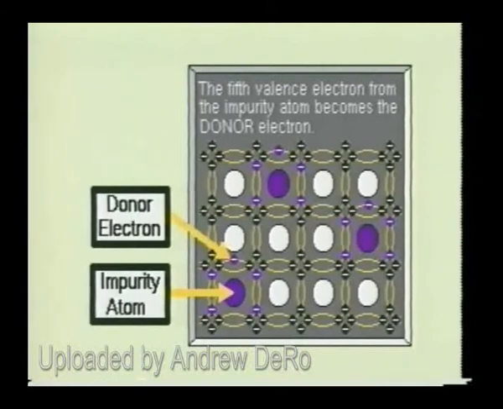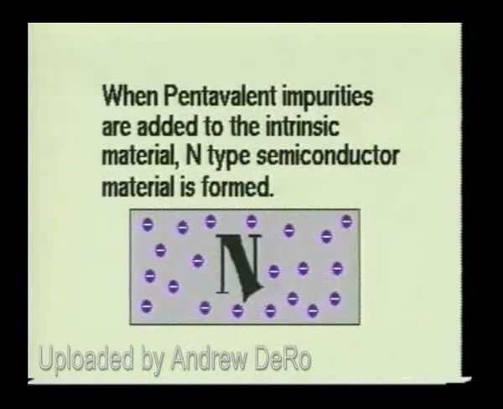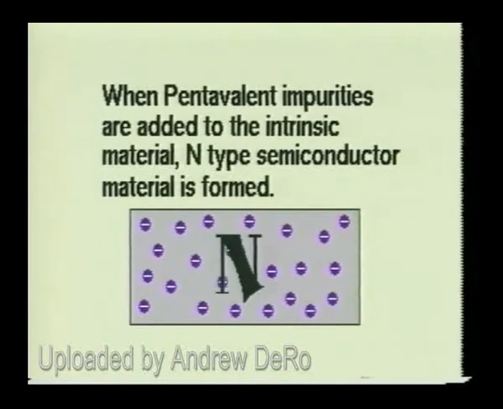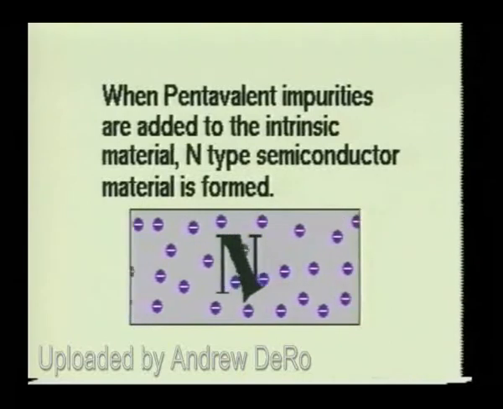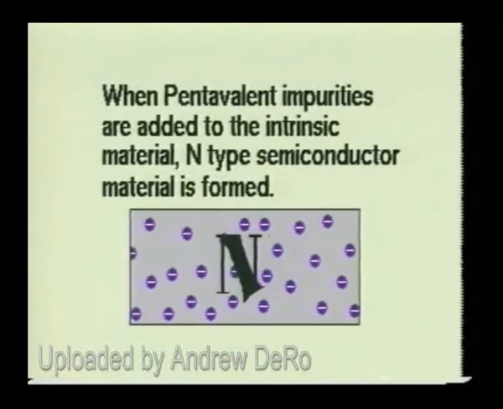This free electron is termed a donor. Since the electron has a negative charge, the crystalline structure which was formed by the covalent bonding is called an N-type material. When a voltage is applied to the N-type material, the electrons will flow with only a small amount of energy being applied.